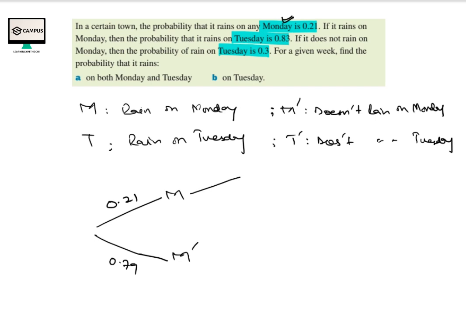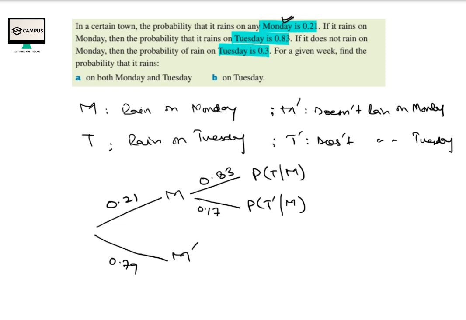So the probability that it rains on Tuesday, given that it has rained on Monday, is 0.83. And on the very same footing as for the complementary events, we can define the probability that it does not rain on Tuesday, given that it has rained on Monday, is 1 minus 0.83, which is 0.17.